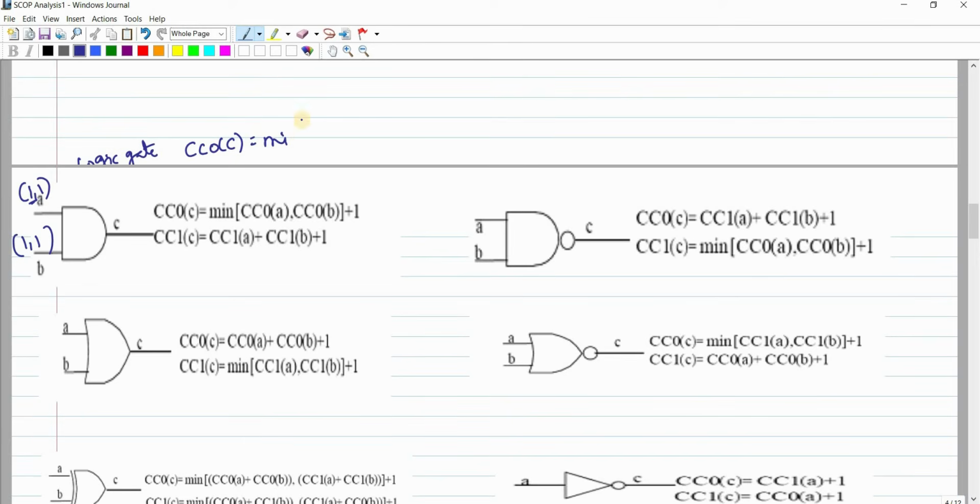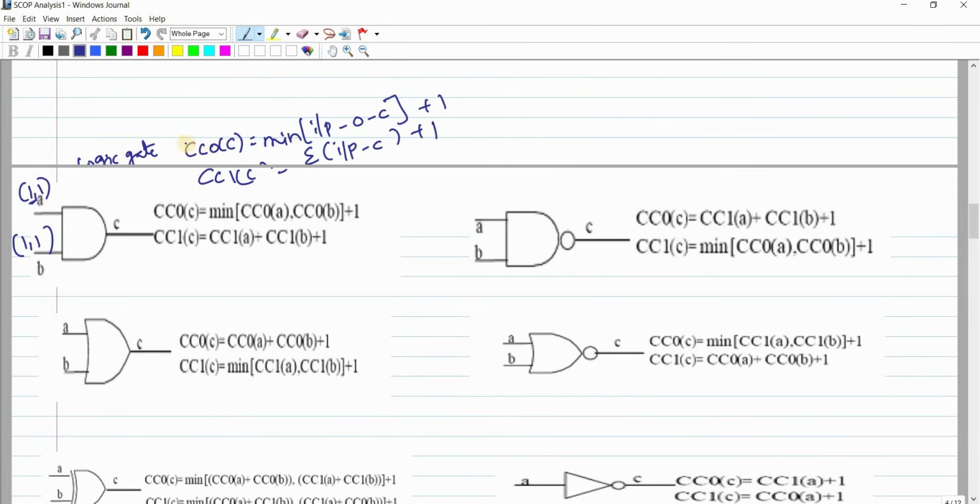So it is the minimum of input 0 controllabilities plus 1 for CC0 of C, and the formula for CC1 is the sum of input 1 controllabilities plus 1.